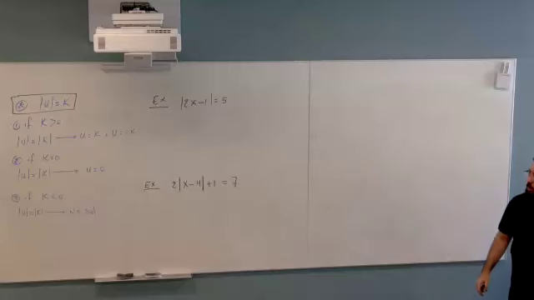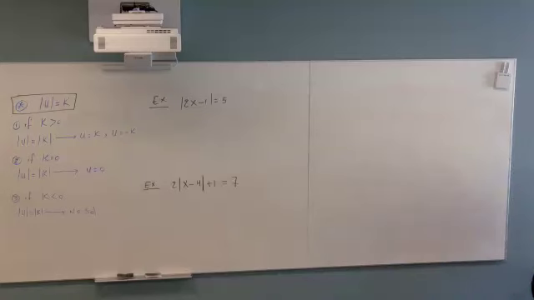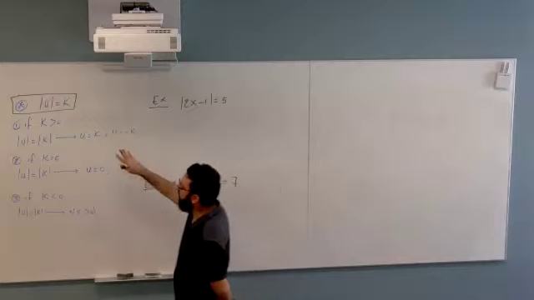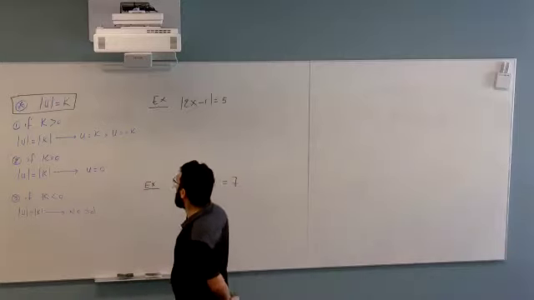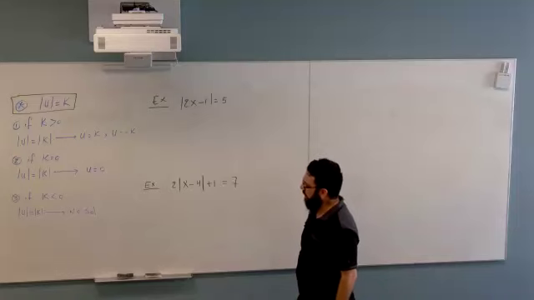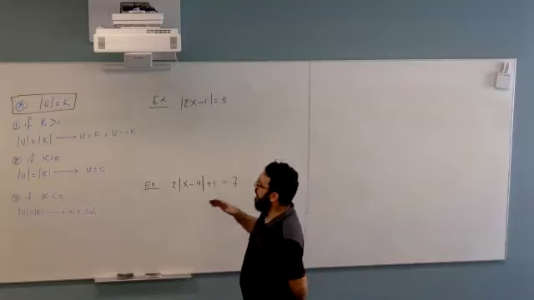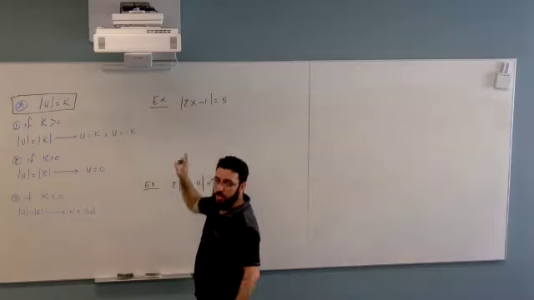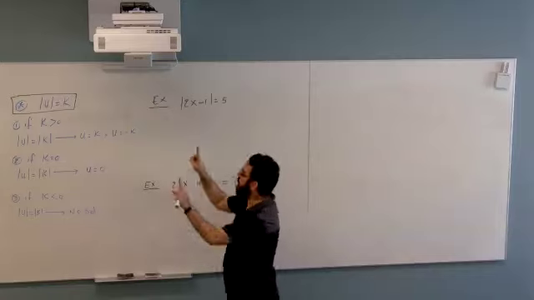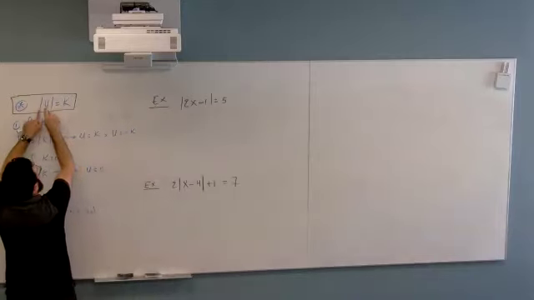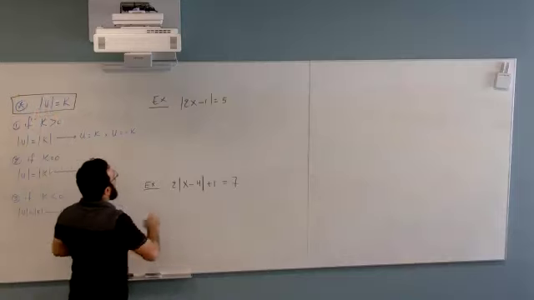We want to follow the rules. So now we have all the rules on this side, and we're trying to use one of these rules to solve this example. Now tell me, don't look at everything inside. I'm looking at the absolute value. I don't care about what exists inside.